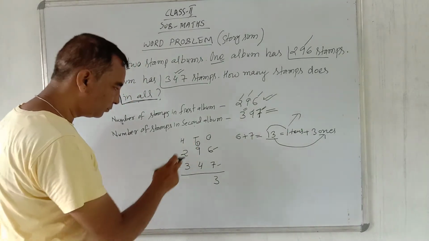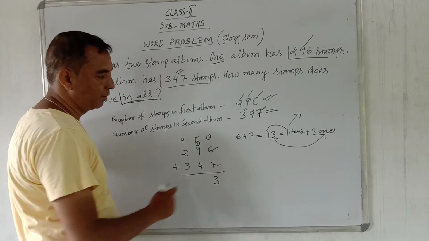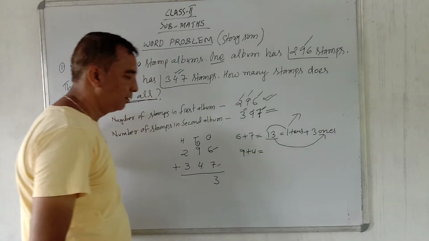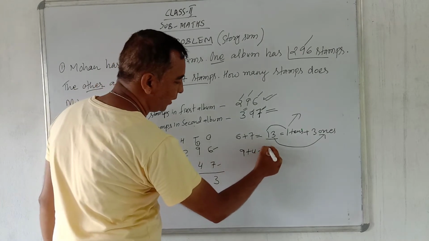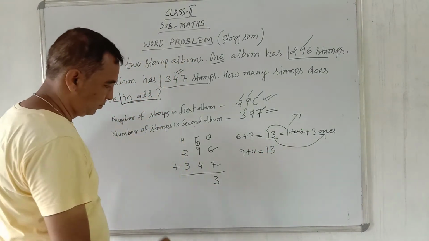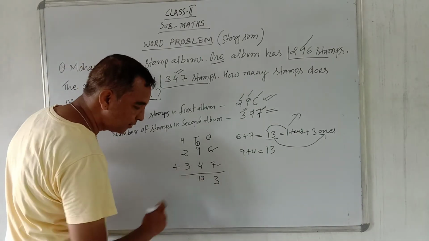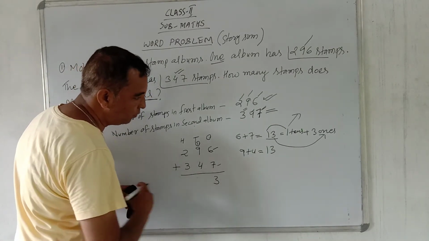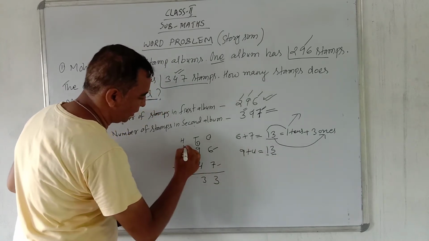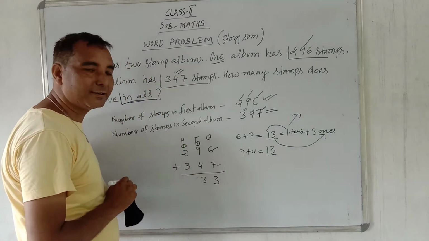Now 9 plus 4. How much? Again the same number, 13. If I write 3 here and carry over 1, is it correct?